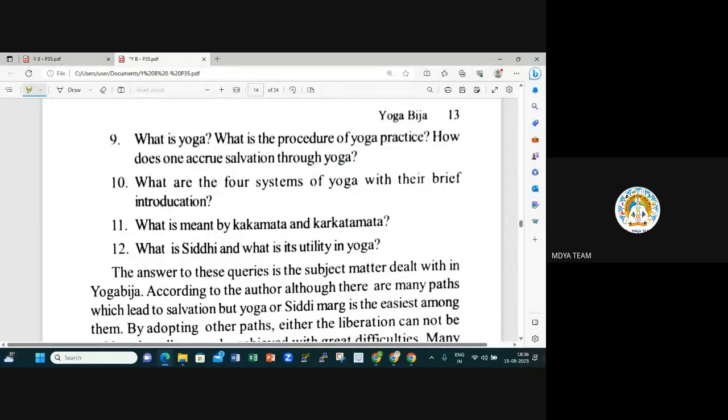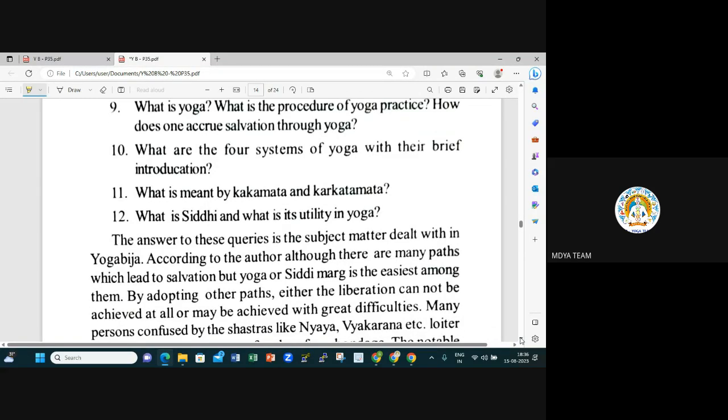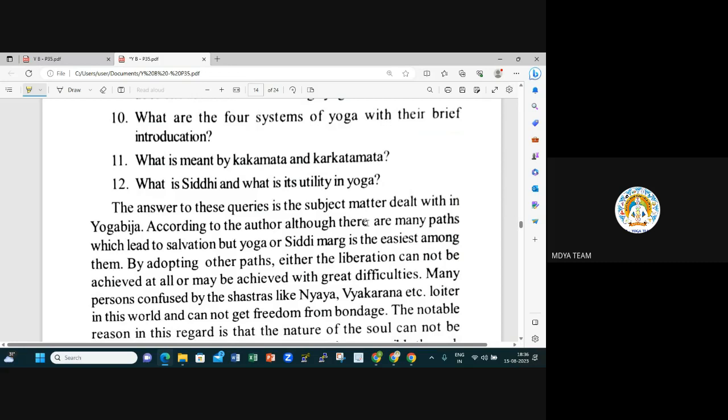Then the 11th question will come. What is meant by Kakamat and Karkatamat? These 2 are very important names. Try to remember. Kakamat means crow, and Karkatamat means monkey.